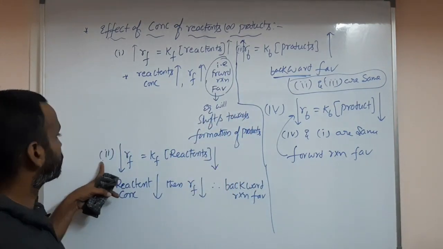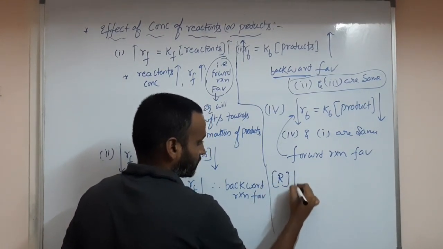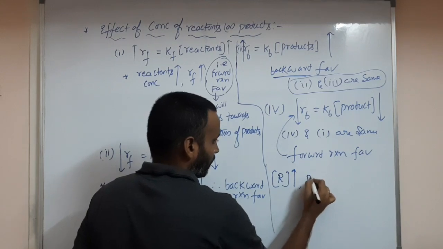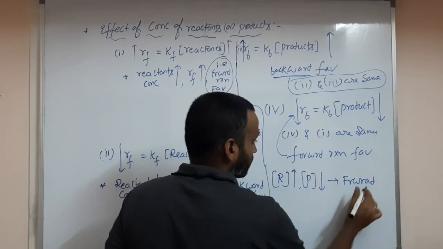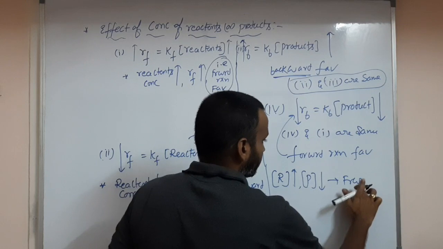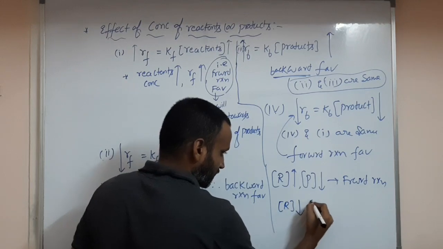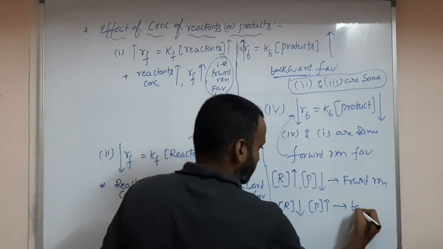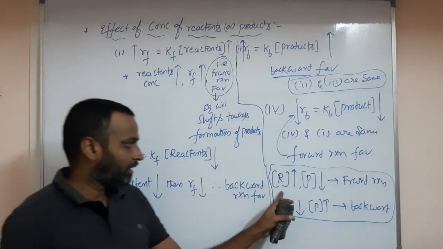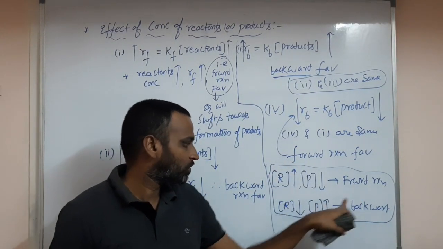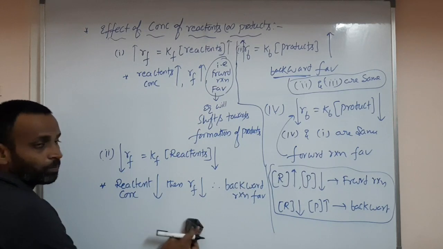You can write: if reactant concentration increases or product concentration decreases, then forward reaction. If reactant concentration decreases or product concentration increases, then backward reaction. Please note these two down, they are very, very important.